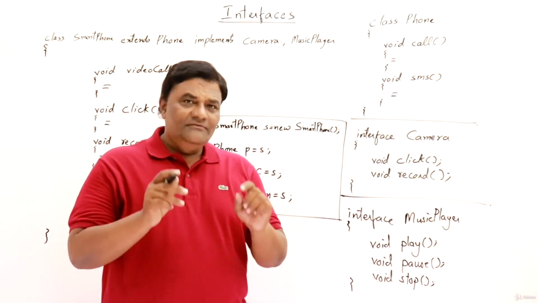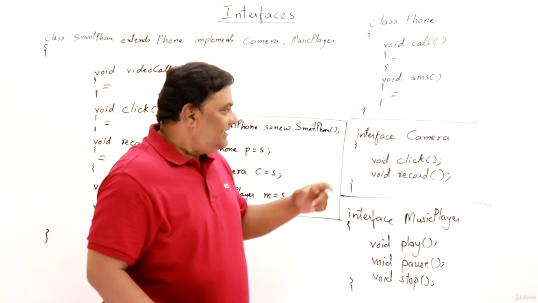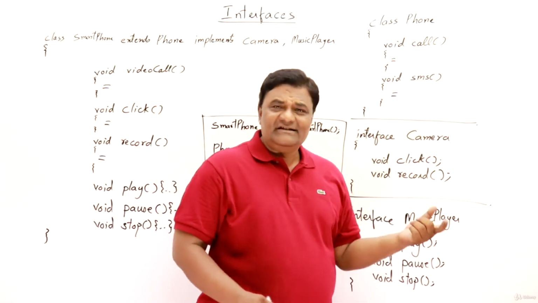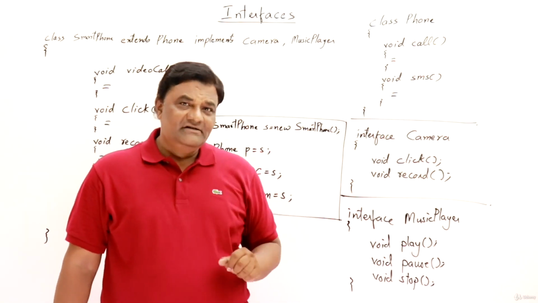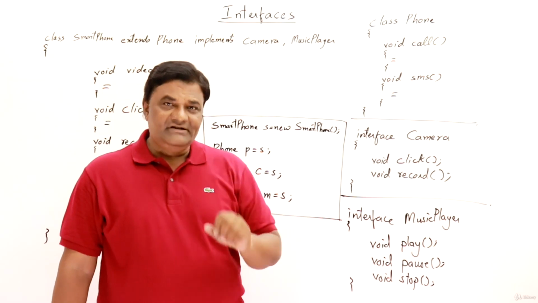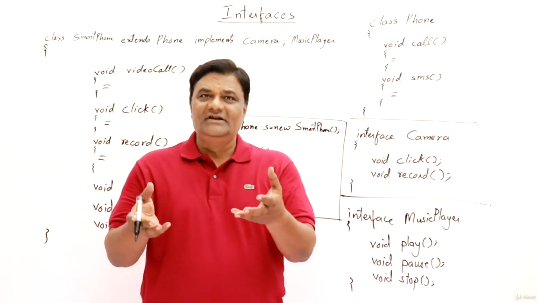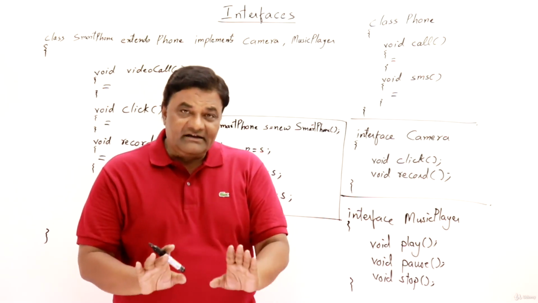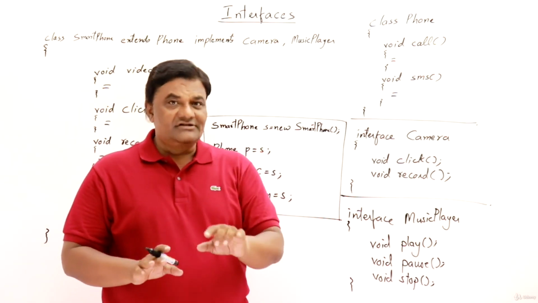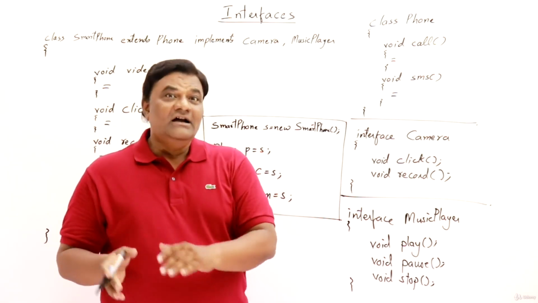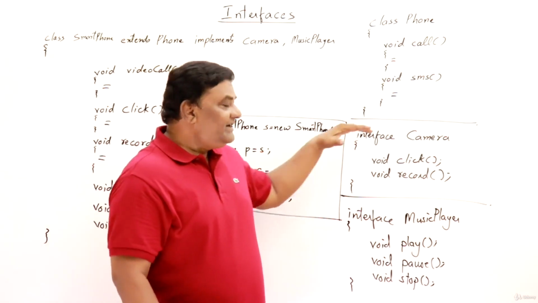Now before moving further, one more thing I have to tell you here. Camera, is it a class or an interface? Conceptually, camera can be a class. Yes, we can create the object of a camera and use it as a camera. In some situations, you can make it a class, or if you want, you can make it an interface.